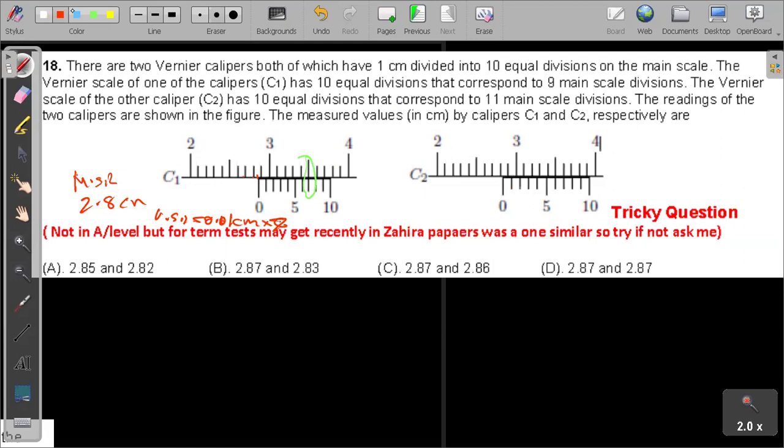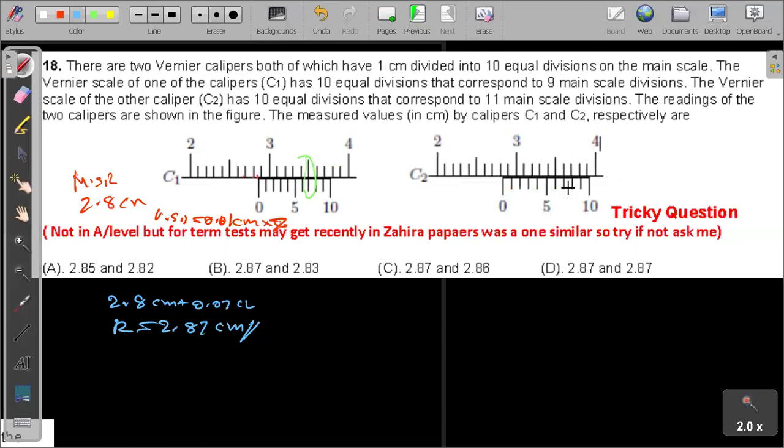So the answer is 2.8 centimeter plus 0.07 centimeter. The reading is 2.87 centimeter. That is the obvious answer.